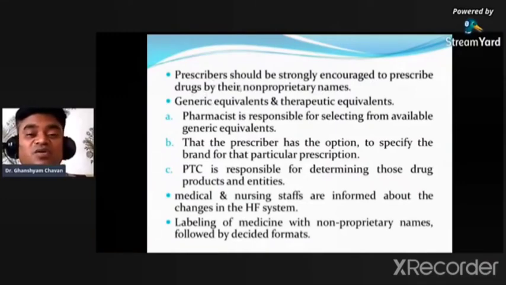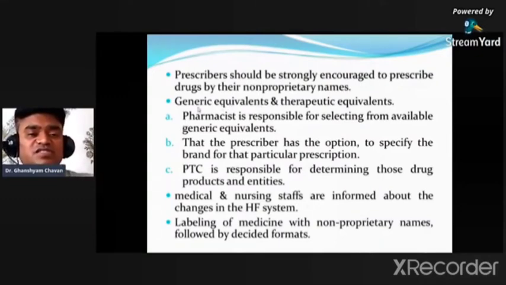For example, nowadays companies like Glaxo, Mankind, Pfizer, or Sun Pharma are giving various schemes and facilities for the doctors, so they go for their brand names and get some benefits. That's why the government or the formulary are developing such policies that doctors should go for the non-proprietary names.